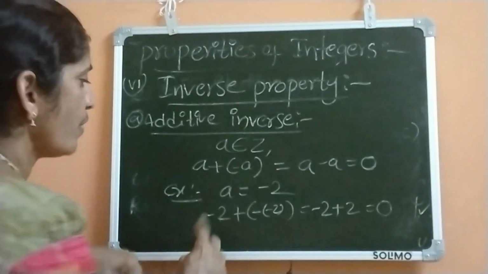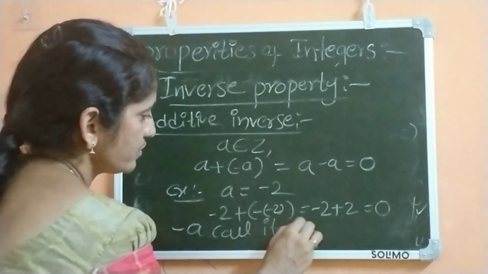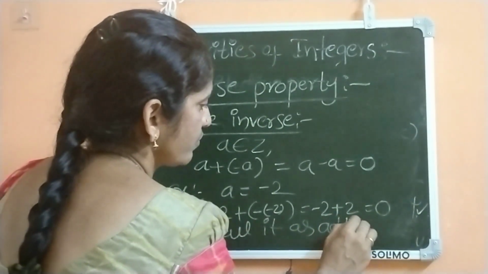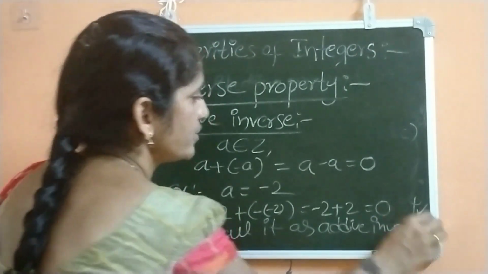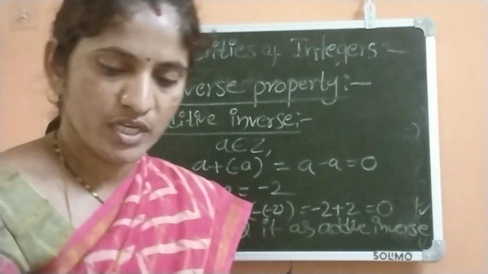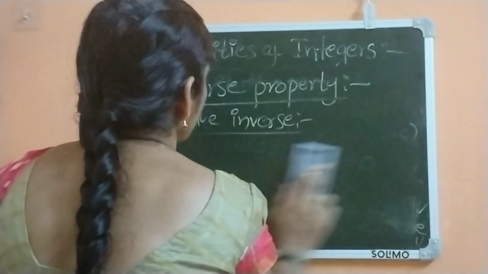So minus a is called the additive inverse of the integer. In the inverse property, additive inverse is possible because positive numbers, negative numbers including 0 are called the integer system.